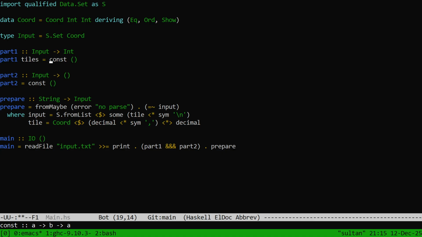Often, especially in the early days of Advent of Code, you can just write some function that doesn't really build up any domain objects. You just fold over the list of characters in the input stream and do something cute, and you have the answer. And then for part 2, that function doesn't help you at all.